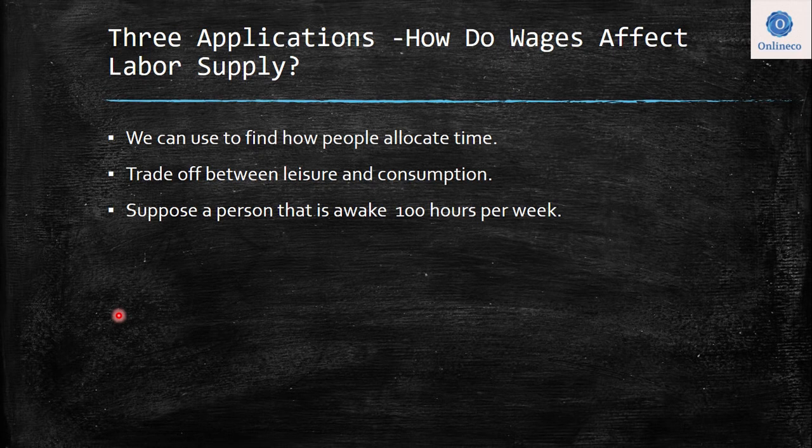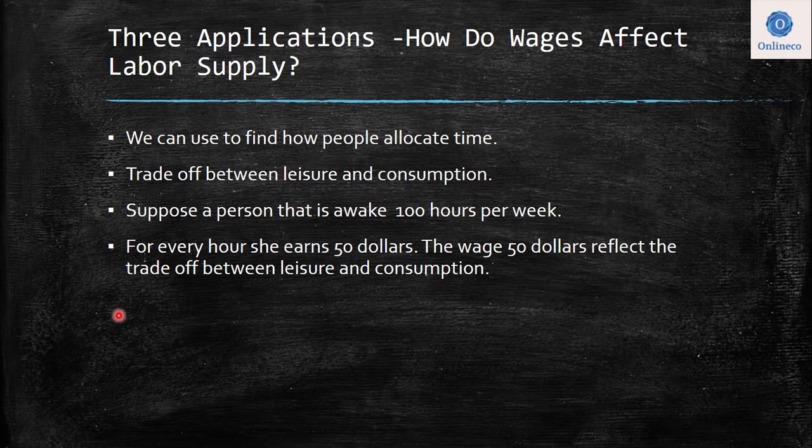We're counting 7 days a week, so it should be something like 14 hours per day, which should be okay. Then for every hour she works she earns $50. So the wage, $50, reflects the trade-off between leisure and consumption.